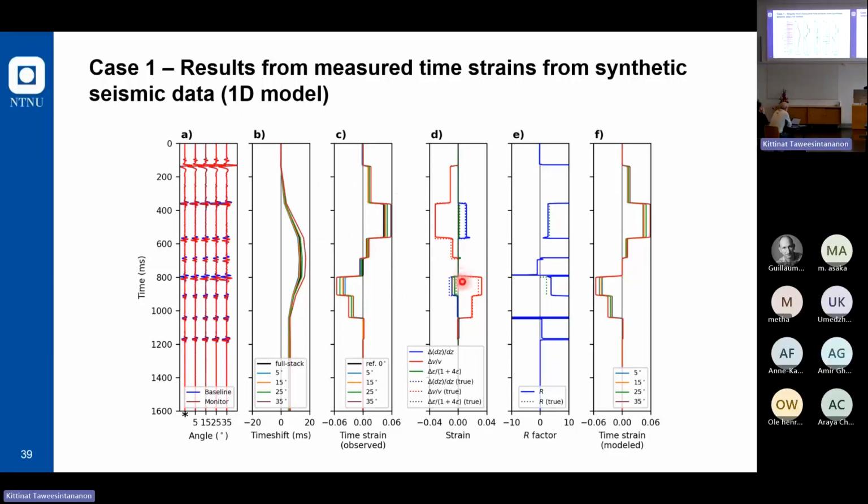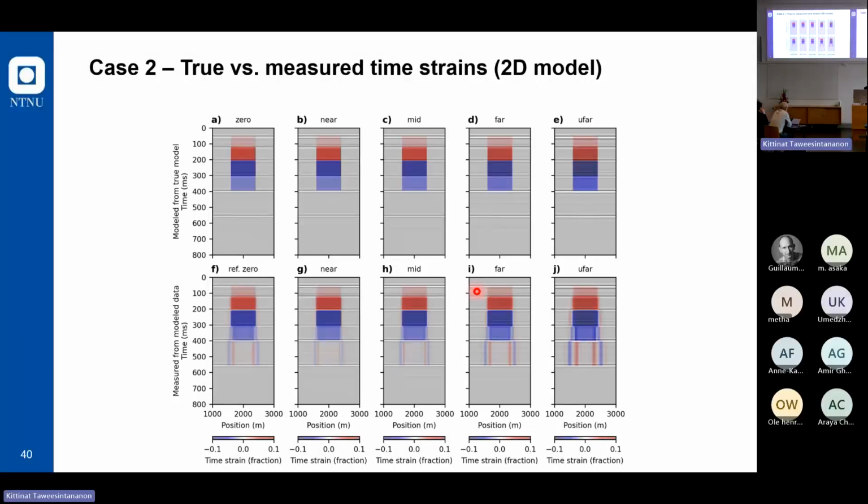Then I compared the result with the true model. It's quite impressive at the beginning, where you can correctly predict the trend of the change in thickness, velocity, and epsilon value. Moving to the 2D case.